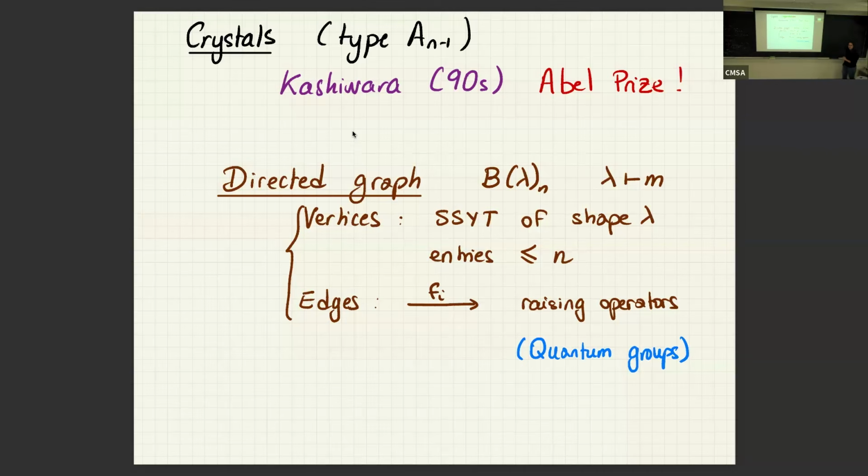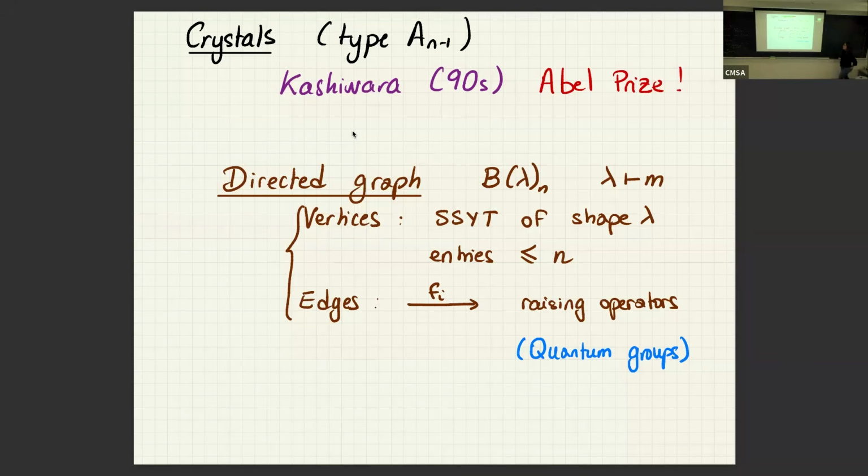So what's a crystal graph? It's a directed graph that we will call B_lambda(n), where lambda is a partition of m, and n is the same as before. The vertices are semi-standard Young tableaux of shape lambda, where the entries are less than or equal to n.